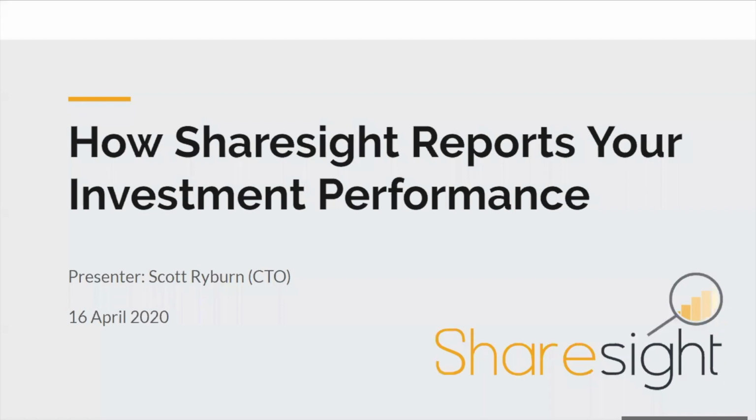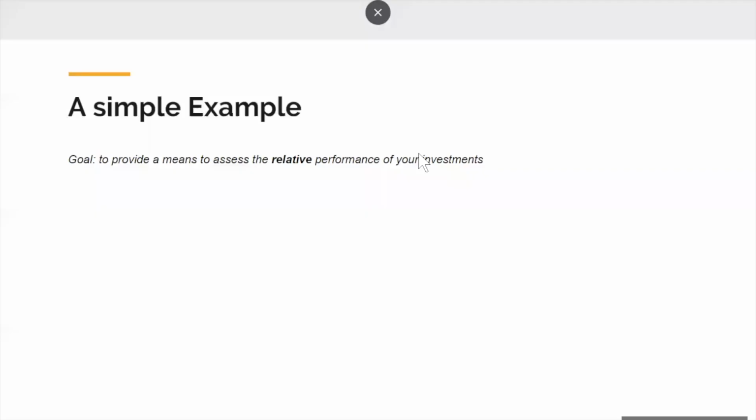Before I start, I'd like to take a step back and look at the overarching goal of performance reporting, which is essentially to provide a means to assess the relative performance of your investment, both within your portfolio and also against other investment opportunities that might be out there.